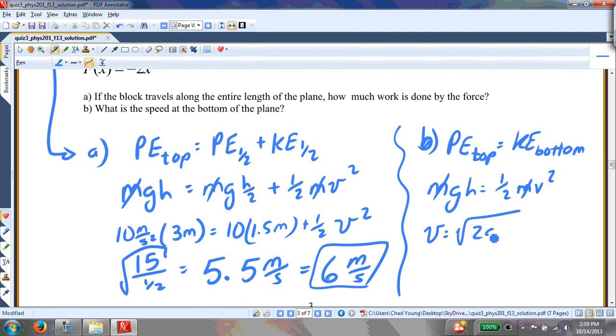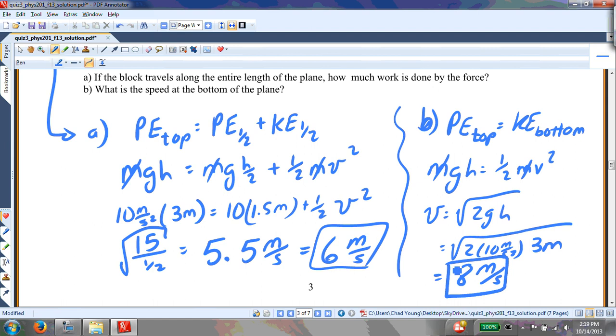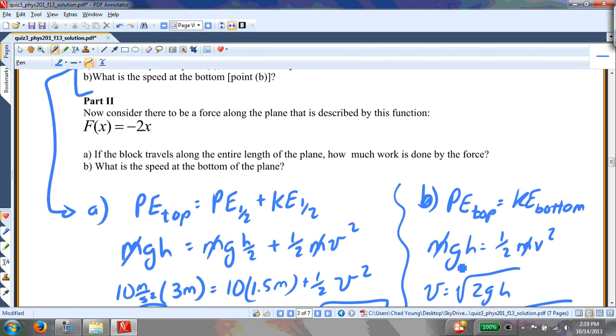It's the root of 2gh. H was 3 meters. That's the square root of 60, 7.7 or 8 meters per second. That is part 1b.